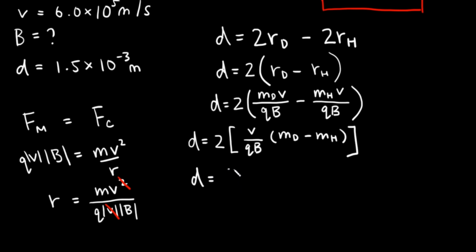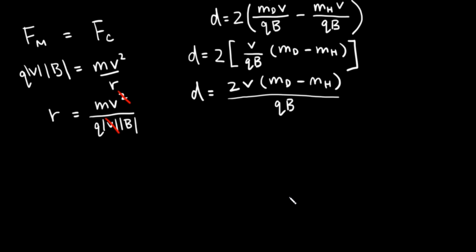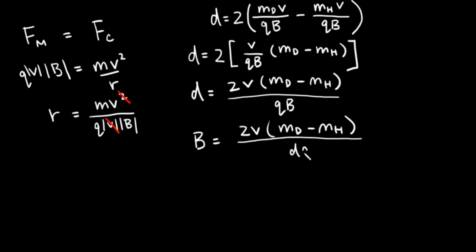And now to simplify things a bit, I'm going to do 2 times V times MD minus MH over QB. Now we can just isolate for B. That's going to be 2V times MD minus MH divided by DQ. So I just did it really quickly in one step, but if you want, you can do it in more steps.